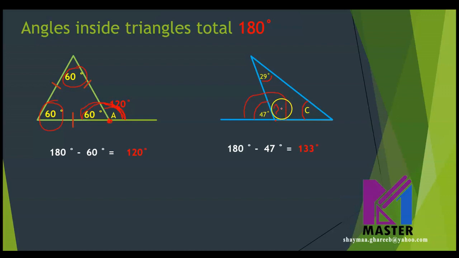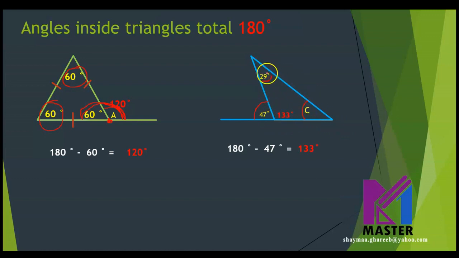So now I know that this angle is 133 degrees. Let me erase it to make it more clear. So this angle must be 133 degrees using angles on a straight line. All right? Now I know two angles inside this triangle. Can I find the third one?